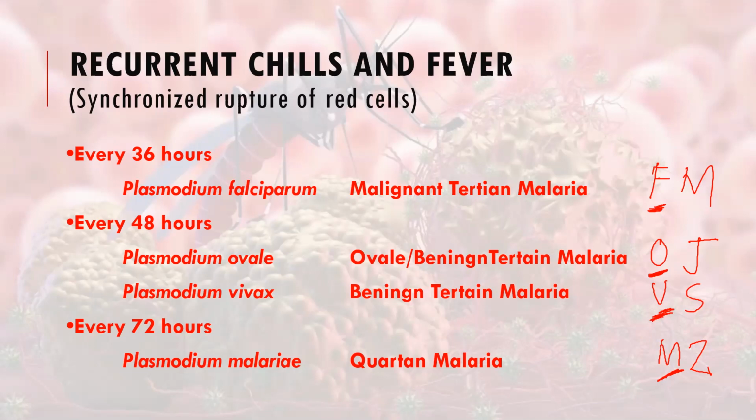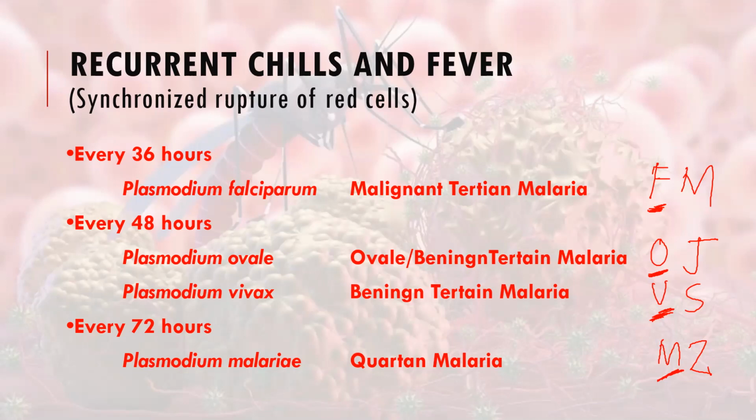Ito yung table doon. Yung mga dots na makikita sa red cells. Maurers dot, falciparum. James, ovale. Pwede ding Schaffners. Pero mas maganda James para mayroong distinction. Schaffners, vivax.